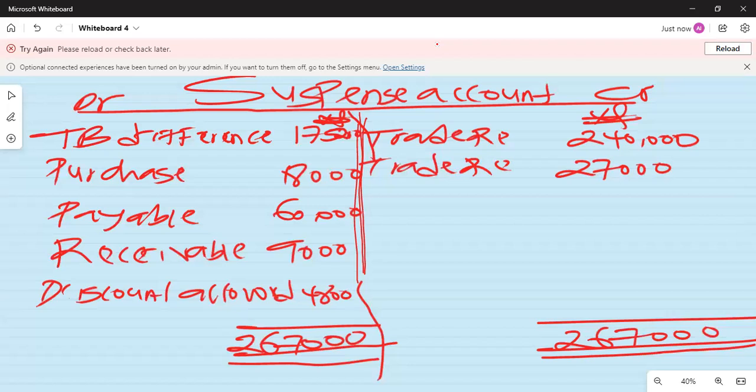Okay, so there's still another requirement, which is like 3 in 1. The debit side is 267,000. Yes, it's correct. So they're the same. Thanks.